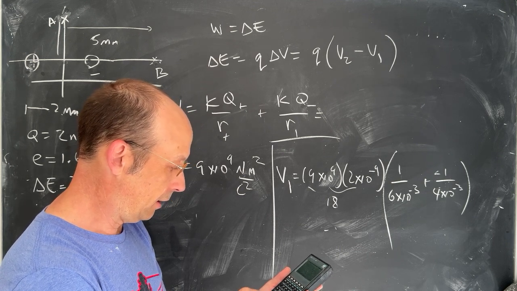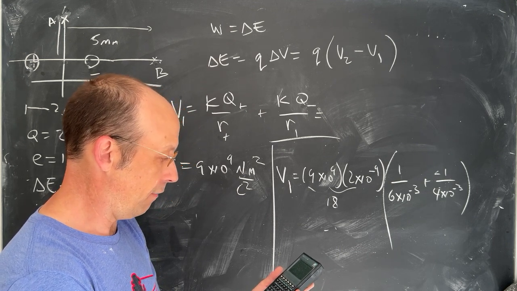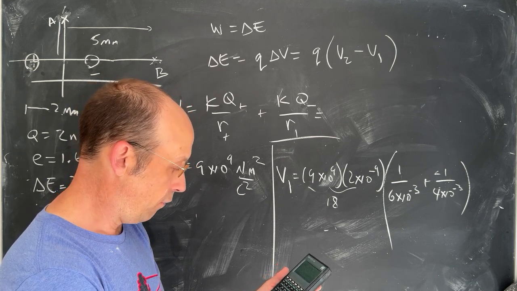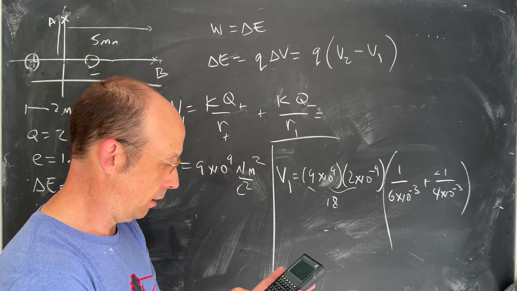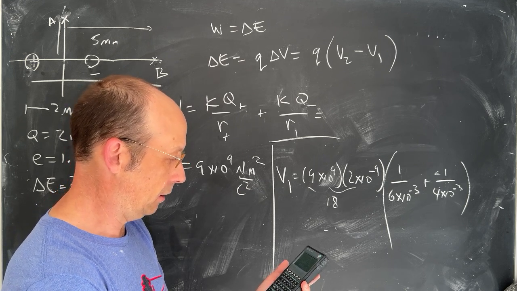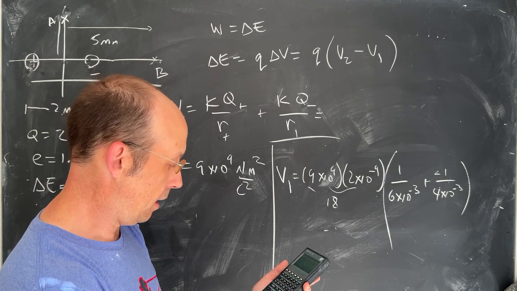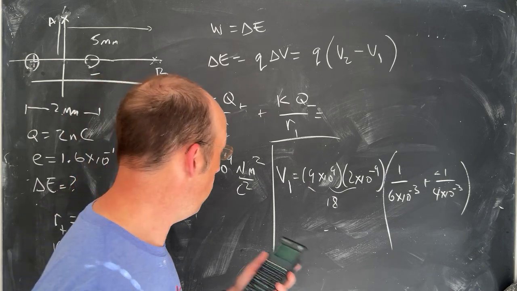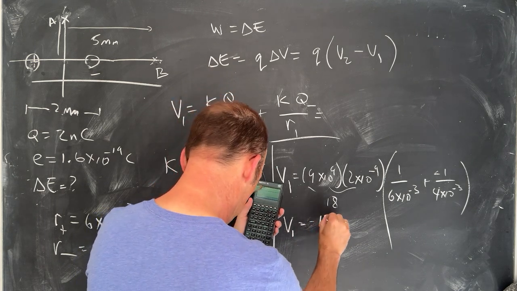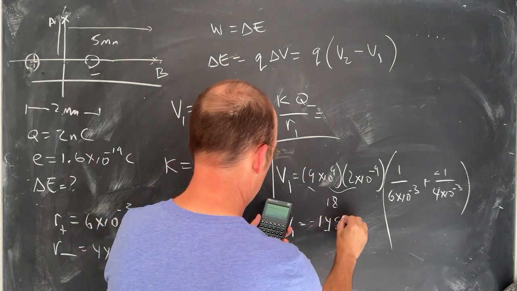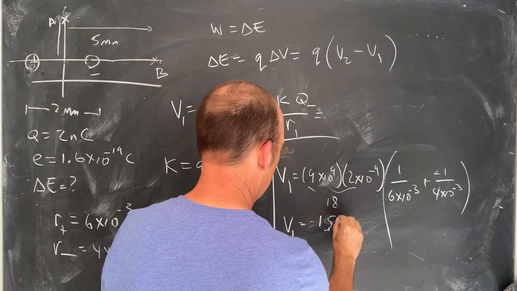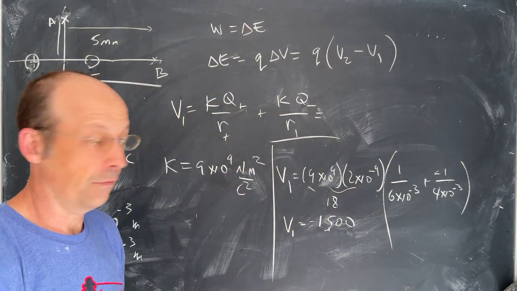So 16 times 10 to the negative 3 divided by 14 times 10 to the negative 3, minus, divided by, minus, and then times, and I get V1 negative 1499.999. So let's say negative 1500 volts.